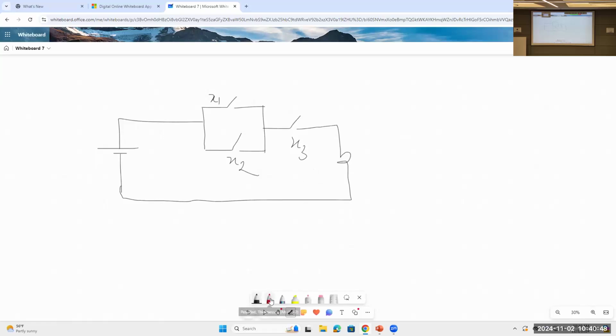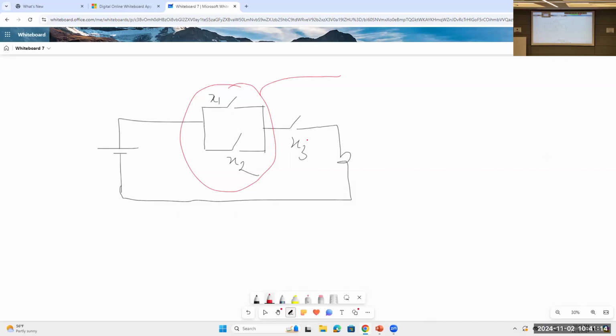Let's find which switches are connected in series and which in parallel. What obvious thing can you find from the circuit? x1 and x2 are beautifully connected in parallel.